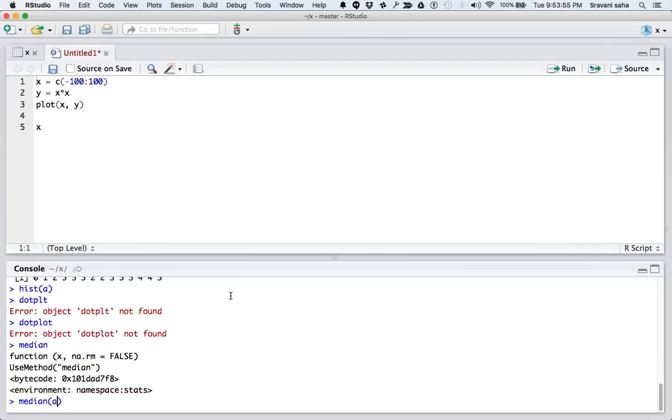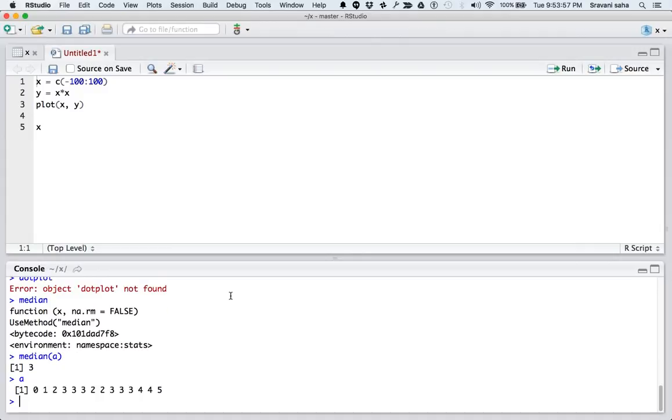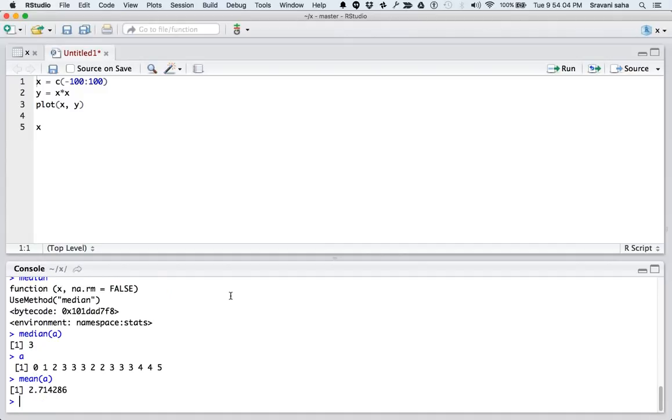So we have A, and we can say mean of A is 2.7 while median of A is 3.